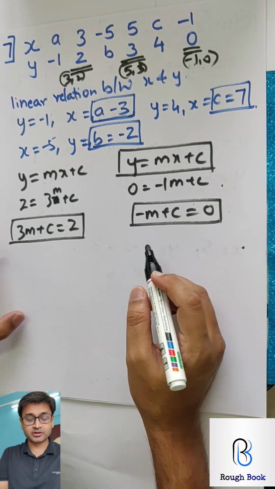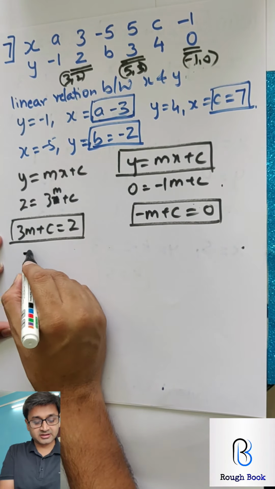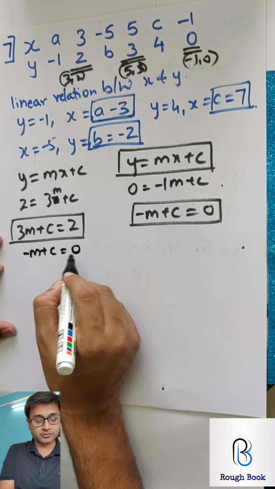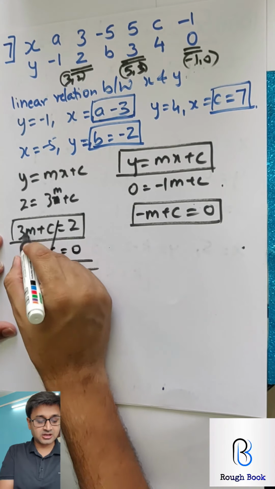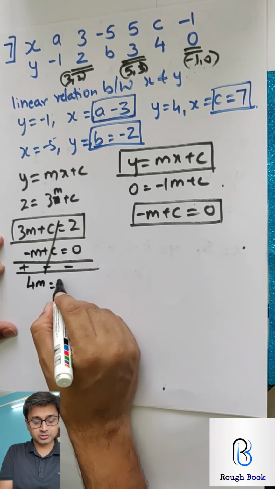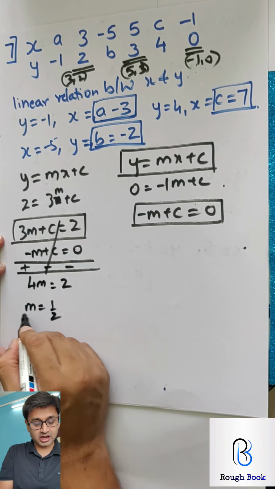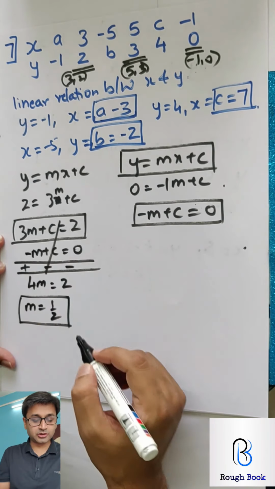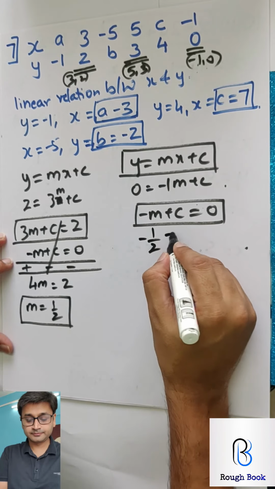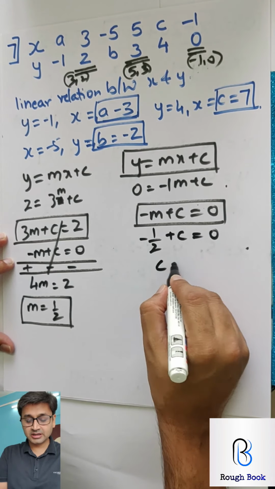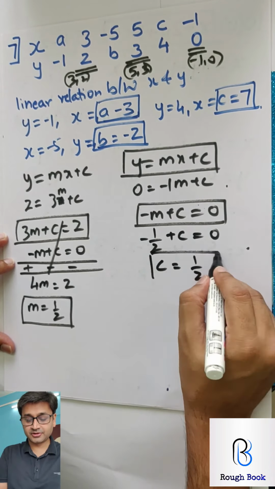So first I am trying to get the values of m and c by using simultaneous equations. So minus becomes plus, minus minus cancels. So I get 4m equals to 2. So m becomes half. Substitute m in order to get the value of c. So I am substituting m over here. So c, this half goes on the other side, becomes half.